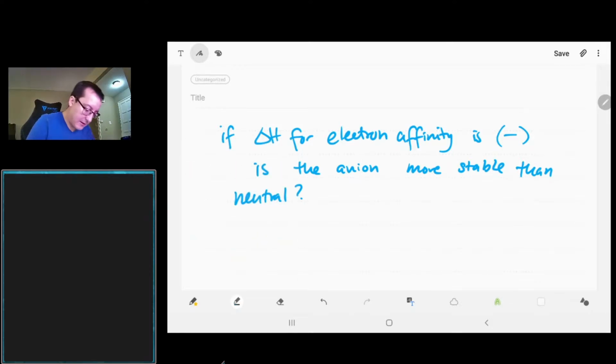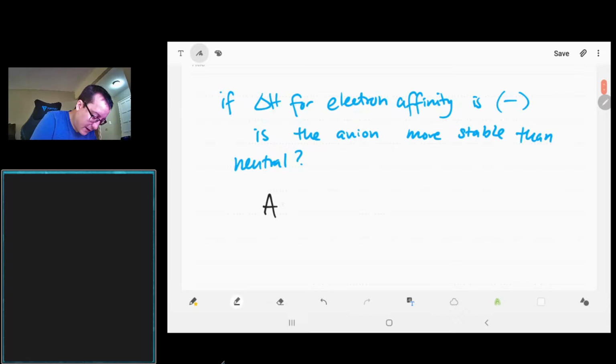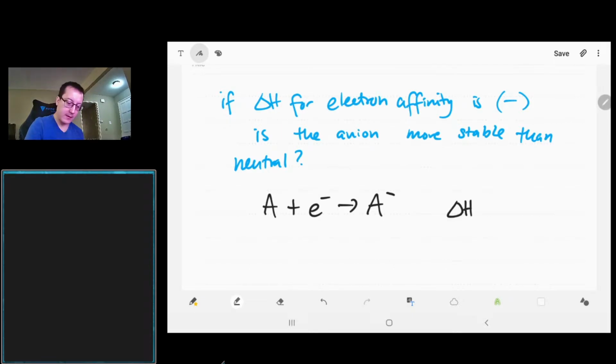So let's just put, remember, electron affinity is this reaction, right? It is some atom, I'm putting A, gaining an electron, becoming a negative one. So if delta H is negative, whatever, what does that mean for us? Like, what do we remember that negative delta H means?